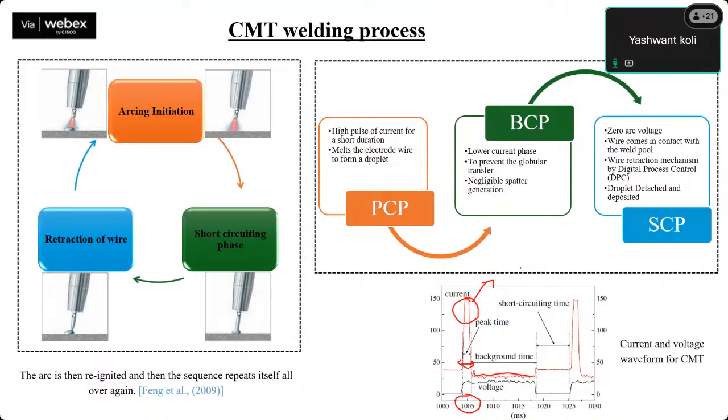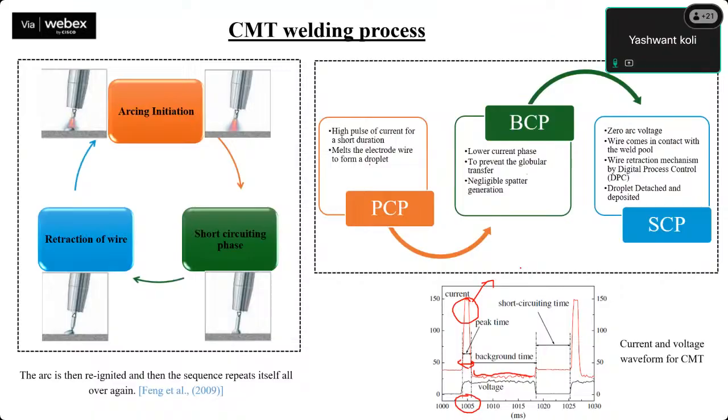You can imagine it like throwing a big stone in a pond, or throwing a small stone in a pond. It is the example given by Fronius only, like throwing a small stone or tiny particle into the pond. So the spattering will be very less as compared to GMAW.